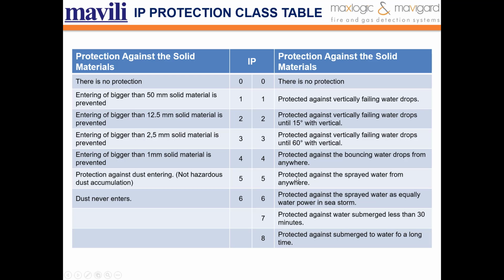For the 5, protected against the sprayed water from anywhere. For the 6, protected against the sprayed water with power equal to a sea storm. For the 7, protected against submersion in water for less than 30 minutes. For the 8th digit, that means protected against submersion in water for a long time.